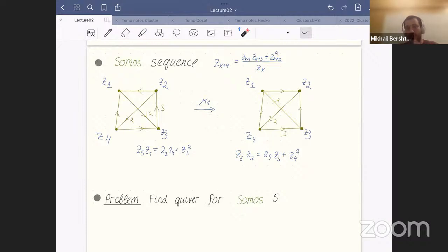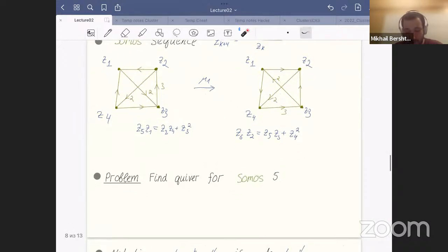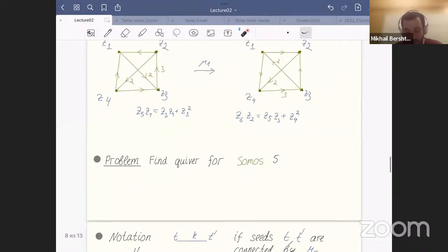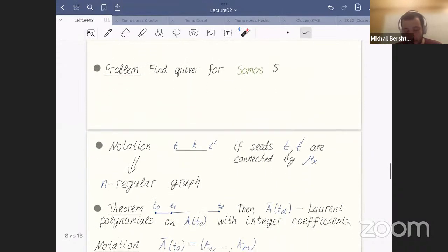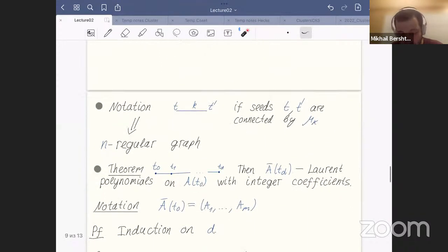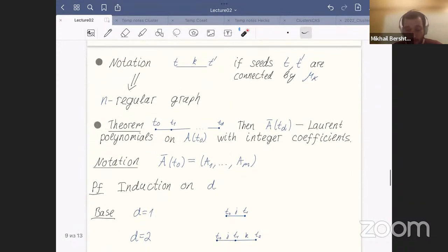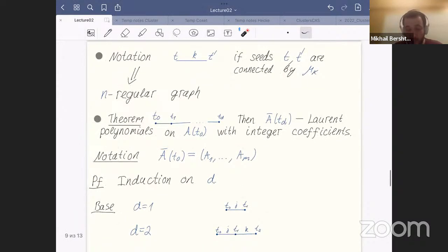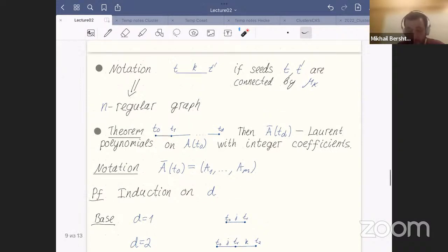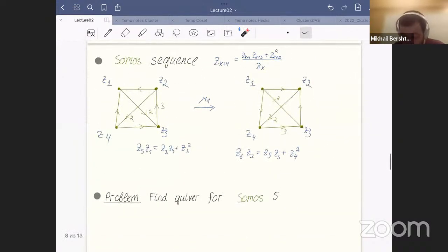I will not give a full proof in 20 minutes, but I'll start with the proof and hope to explain the main ideas. I will need some notations. I have a quiver which I draw in this color. I'm not sure how it's called.